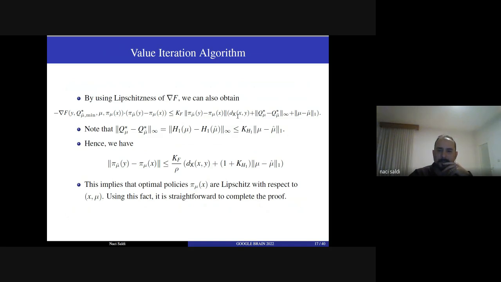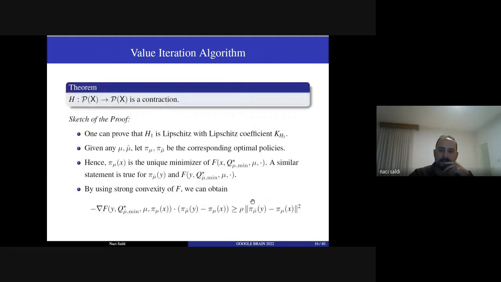Here we have the distance between x and y, the distance between optimal Q functions, and the L1 distance between mu and mu hat. But in this inequality we have the first power of the distance between policies, and in this inequality we have the second power.